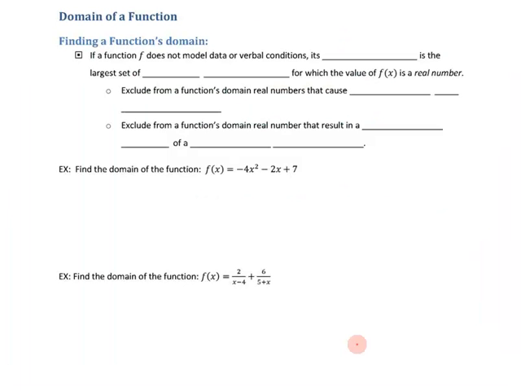Finding a function's domain. If the function f does not model data or verbal conditions, in that case its domain is the largest set of real numbers for which the value of f of x is a real number.